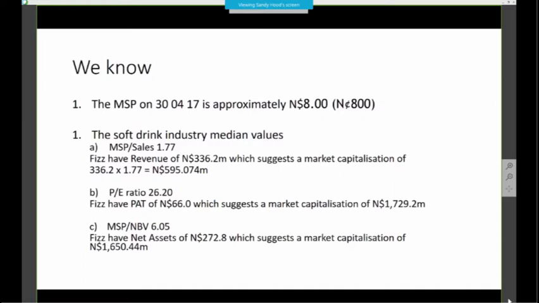As we go through the pre-seen, there is a chart of the share prices of Fizz and Quench, and I read that to be they were worth about $8. On second thoughts, looking at it now, it looks like they're probably worth about $9.